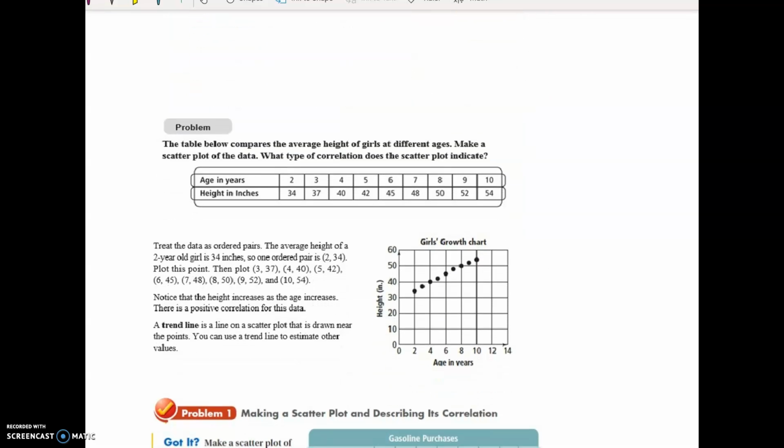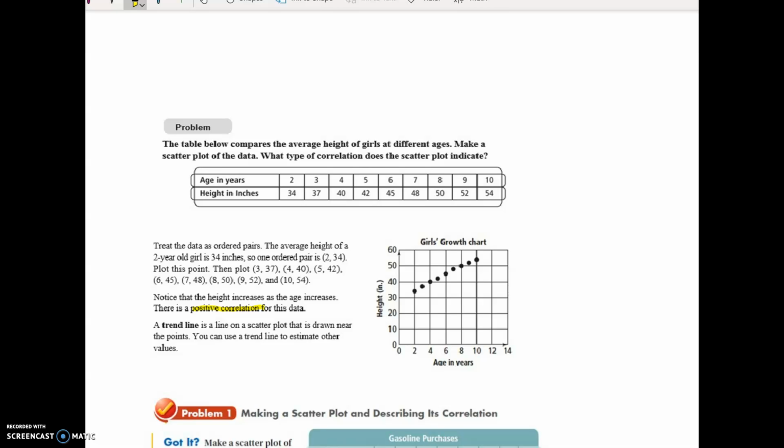In this first problem here, it's again worked out for us a little bit. They have a table here comparing the average height of girls at different ages. They want us to make a scatter plot of the data and then identify what type of correlation the scatter plot indicates. So they plotted the points in the table, and we notice that in general, as age increases, height increases. So we can say that this data has a positive correlation.